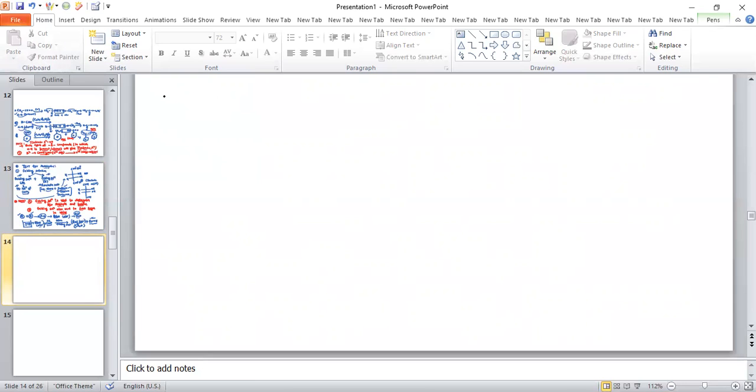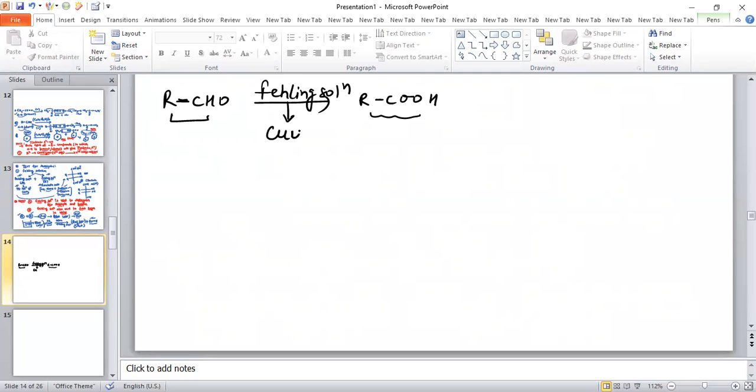So if an aldehyde is given like this, RCHO, and we add Fehling's solution, this aldehyde will oxidize into carboxylic acid, because initially Fehling's solution has blue color, and this blue color is due to cupric oxide, in which copper is in +2 oxidation state.